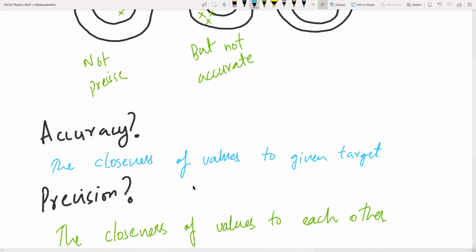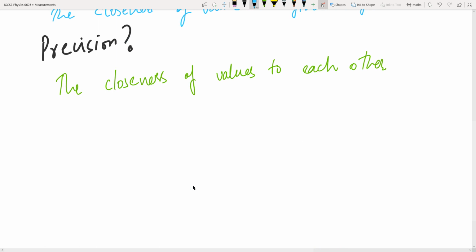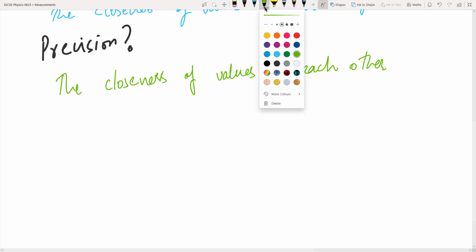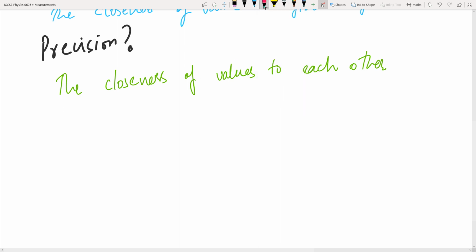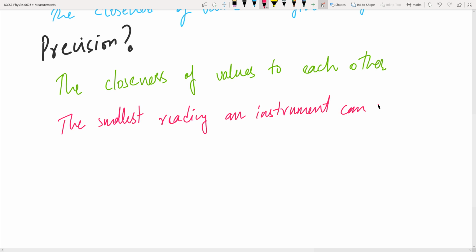But for an instrument, precision is actually defined in a different way. So precision is also defined for, let's say, an instrument. I'm just going to change the color from this to this, as this is a different definition now. So precision can also be defined as the smallest reading an instrument can read.